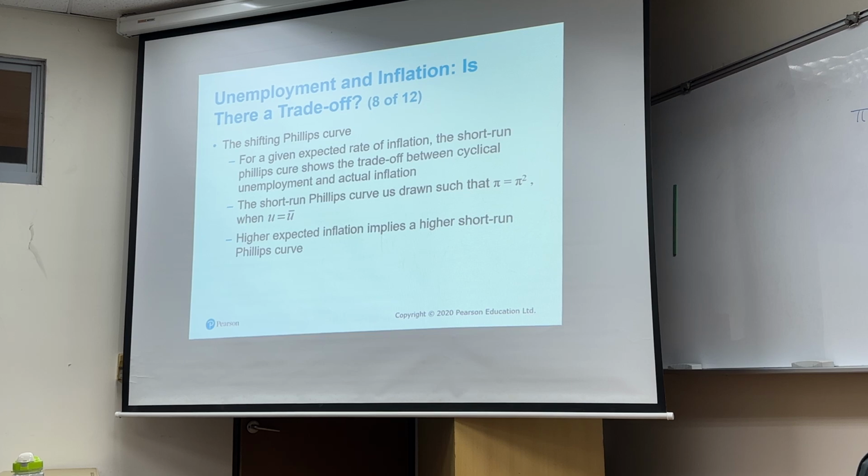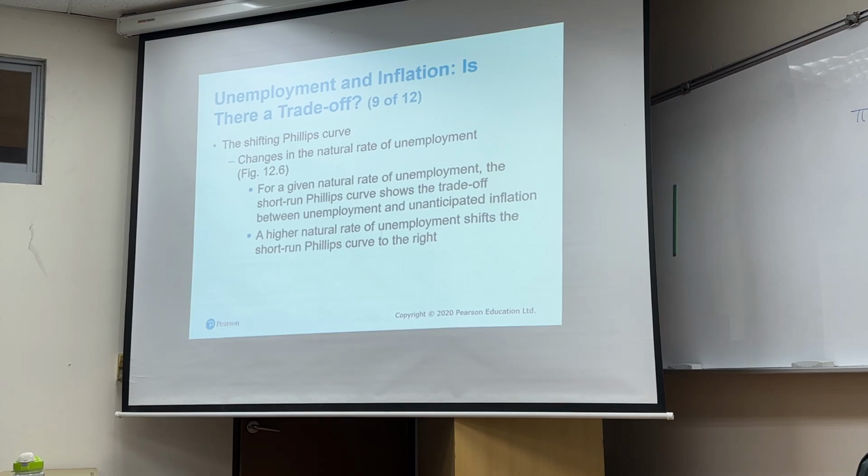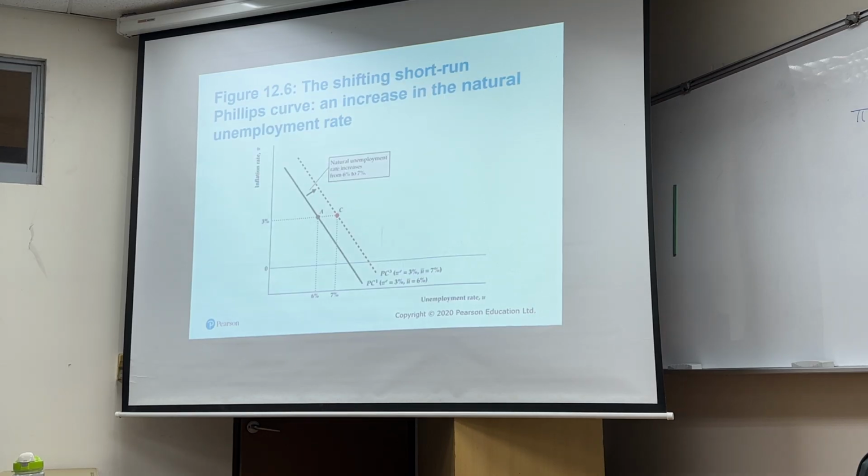Okay, and then it's going to talk about the long run Phillips curve and the short run. So short run is what we have, basically a negative relationship between inflation and unemployment. This is shifting to the right again, so it's not a good situation.